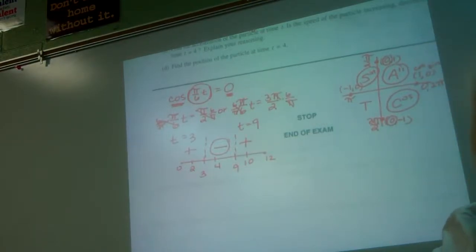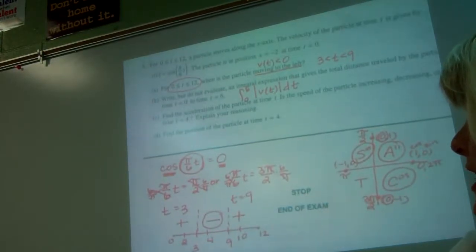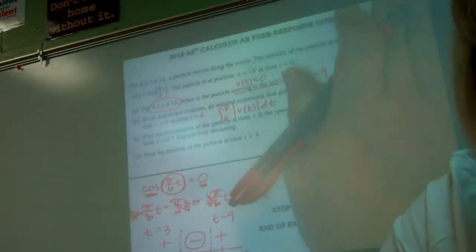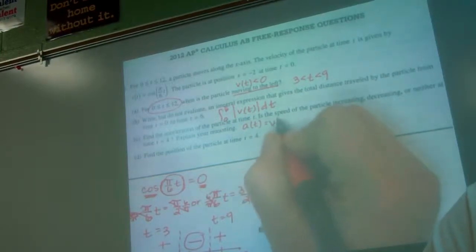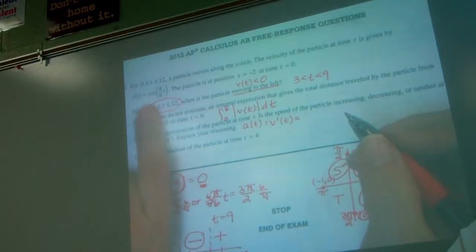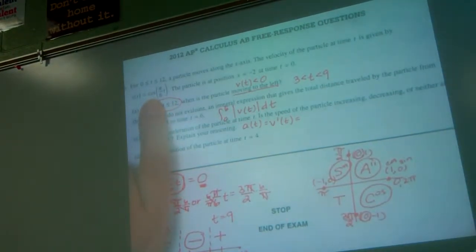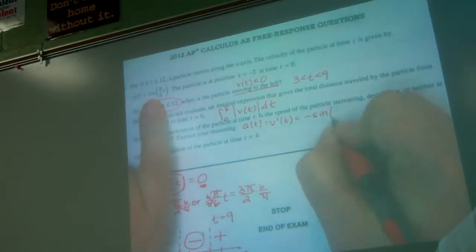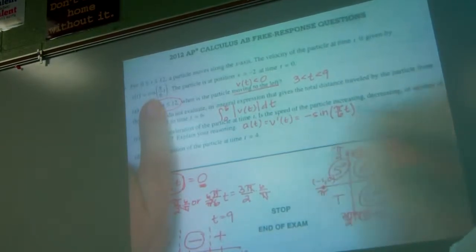Okay, so to find the acceleration, we will have to take the derivative of velocity. To take the derivative of this, we have to use the chain rule. So we do the derivative of the outside. The derivative of cosine is negative sine. We leave the inside alone, times the derivative of the inside.